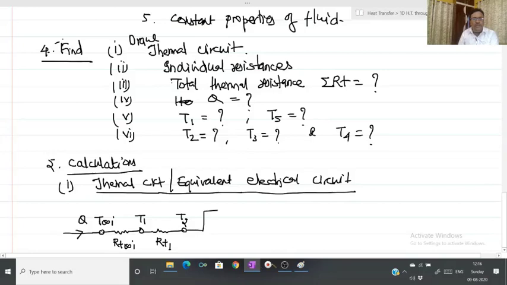So three different individual thermal resistances will come into the picture. Let's say the first one will be represented by RTA, the second by RTB, and the third by RTC. These three are supposed to be connected in parallel between temperatures T2 and T3.